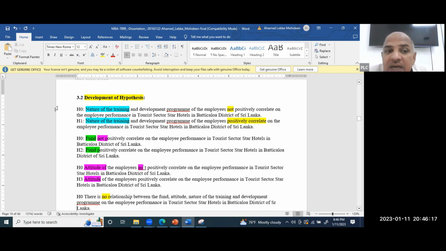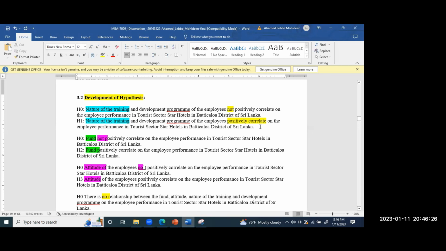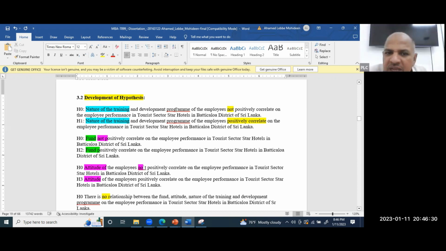Not positively correlated means null hypothesis. Positively correlated is the hypothesis. Do you understand? Yes, sir. So how do you write it now? Nature of the training and development not positively correlated. This is the null hypothesis. Nature of the training and development positively correlated is the hypothesis for one independent variable.